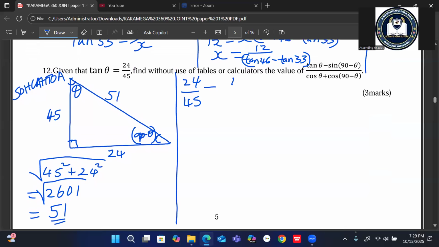So it is 45 out of 51, then over cos theta plus cos 90 minus theta, and our cos theta from our triangle is adjacent over hypotenuse. So our adjacent is 24, our hypotenuse 51, then plus cos 90 minus theta.